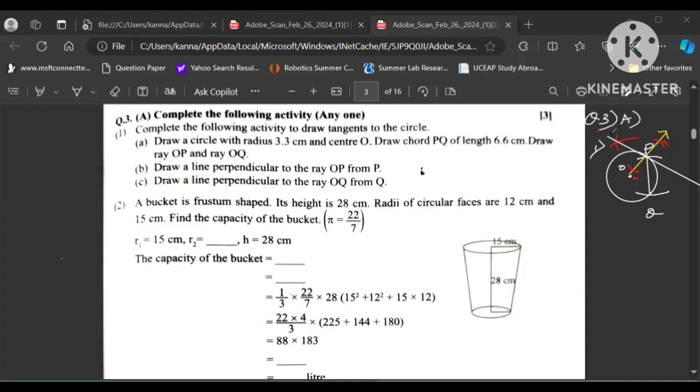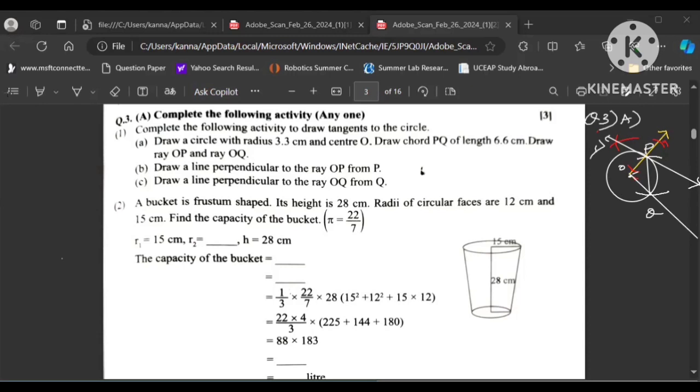In the same way, children, they want you to draw a tangent at Q. So they say draw a line perpendicular to ray OQ. First step, draw ray OQ. When you draw ray OQ, you can see O as center. I'm drawing ray OQ, okay? I've drawn ray OQ.